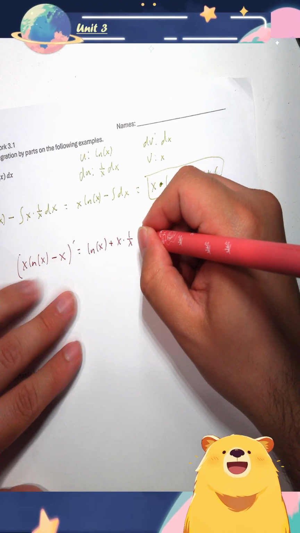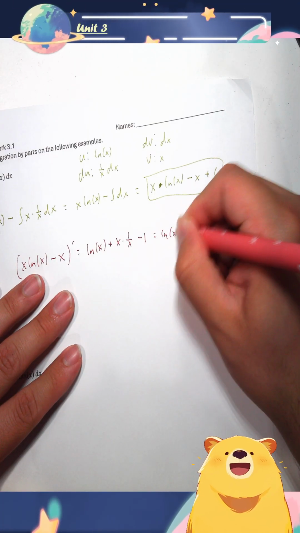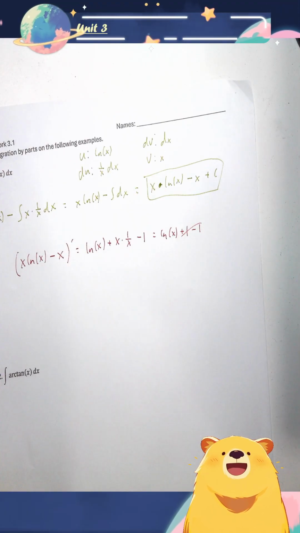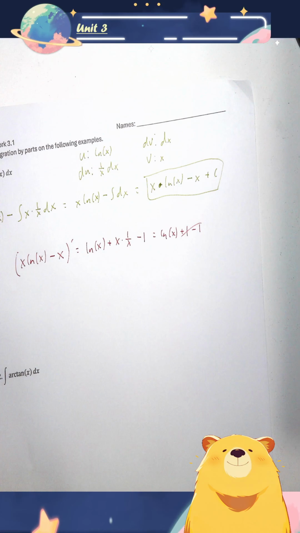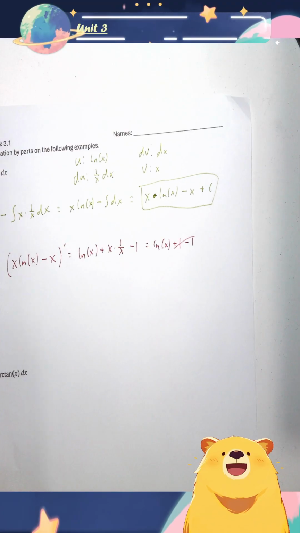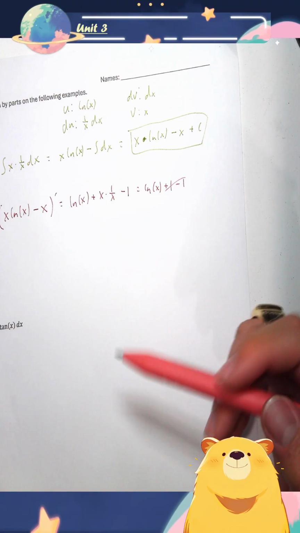And the derivative of the minus x is negative 1. That simplifies into a 1, so 1 minus 1 cancels out and we're left with ln of x, which is what we originally had. So keep that in mind as we do these next problems, how this makes it a more legible problem.